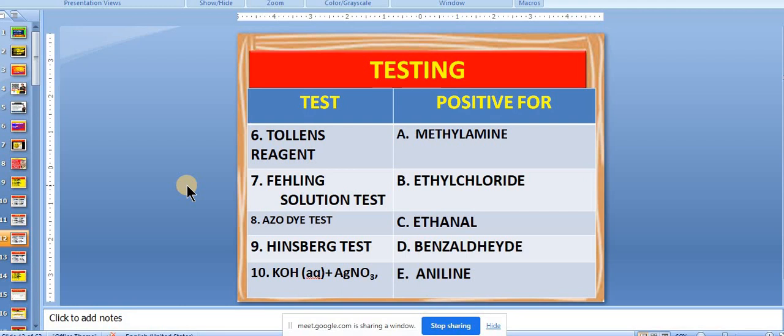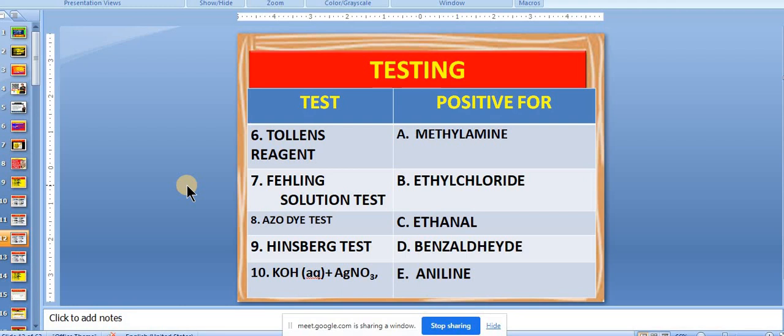Yeah, Fehling solution is related with aldehyde. Good. What else? 8E. 8E is related with aniline. Very good, that's right. Then 9A. Yeah, Hinsberg test, methylamine. Right. Okay, what else?